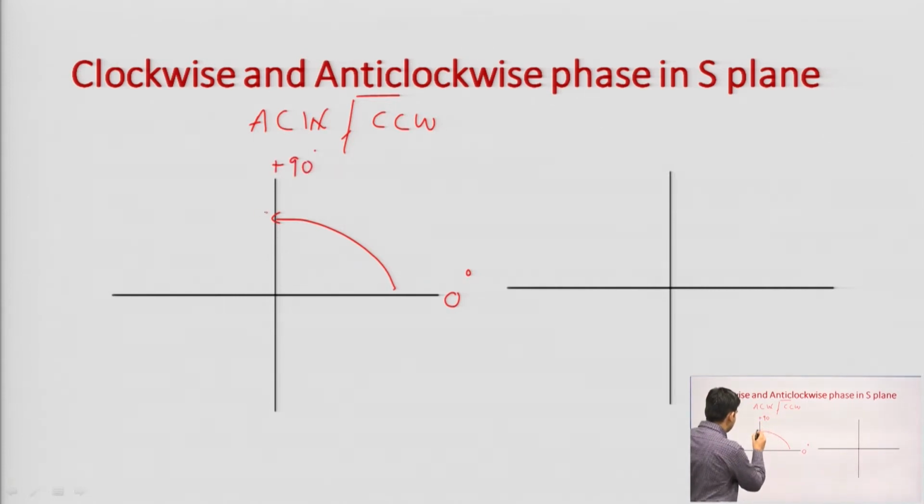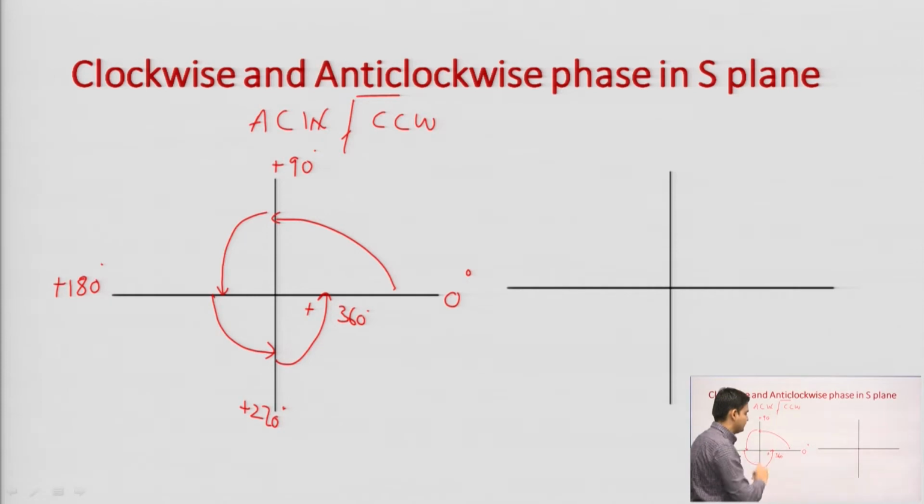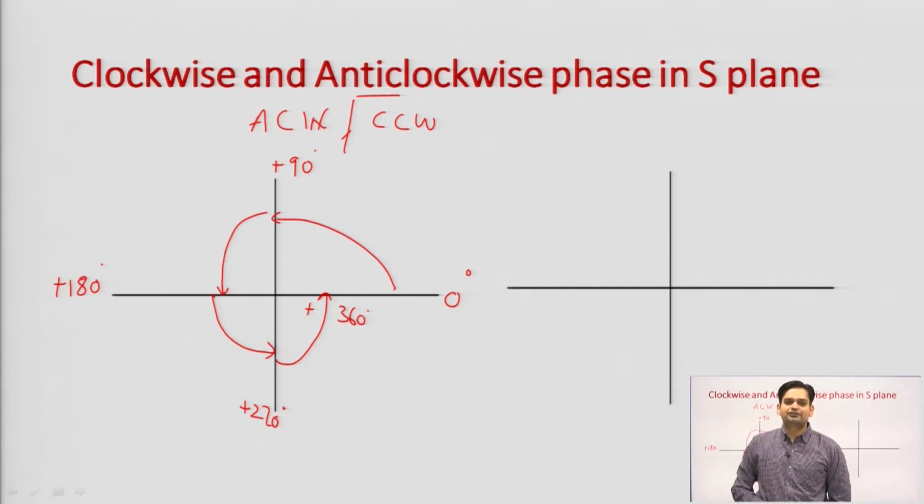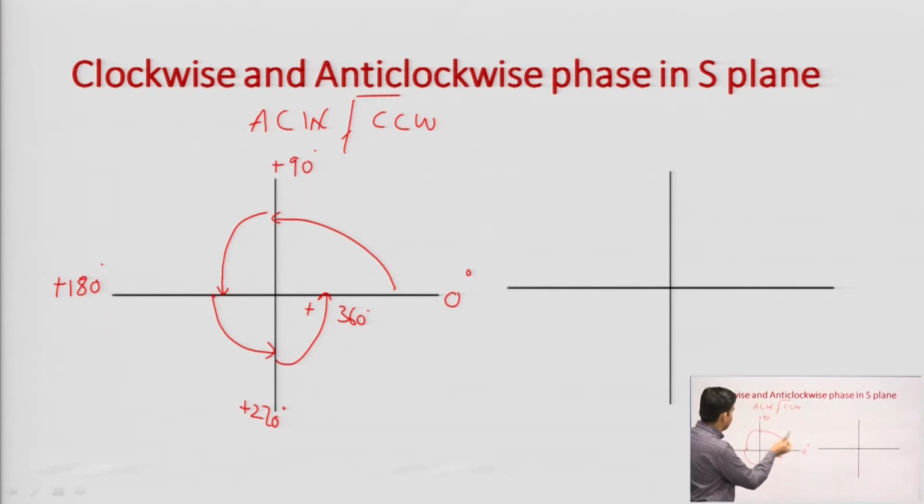Again I will move further anti-clockwise, then I will reach plus 180. Further I will move by 90 degrees, I will reach plus 270. Further I will move by 90 degrees, then I will reach 360, or you can say 0 degree again. So, this anti-clockwise movement will give us positive phase. You can observe whenever I am moving, I am getting a positive sign everywhere. So, this is the anti-clockwise movement in the S plane.